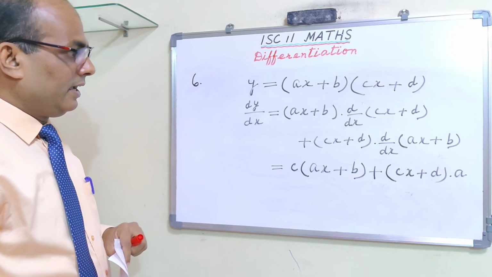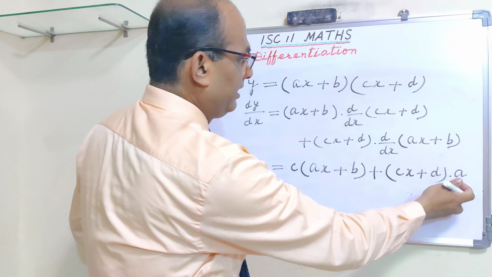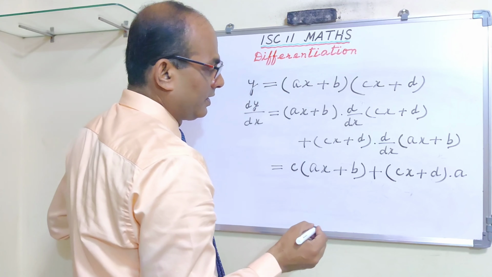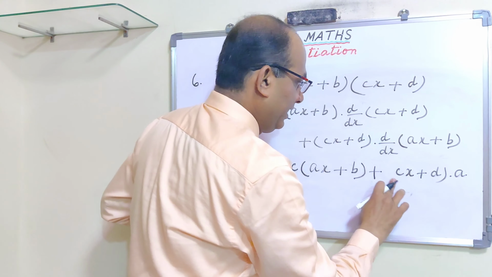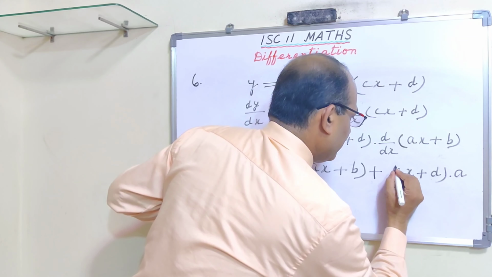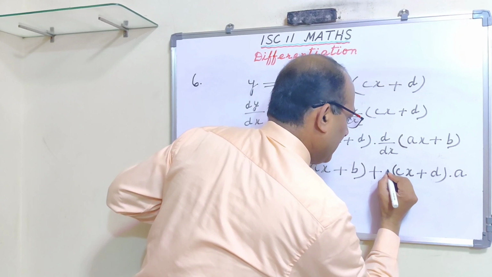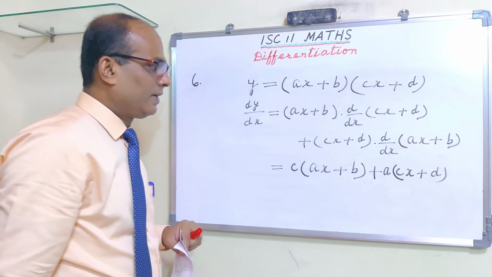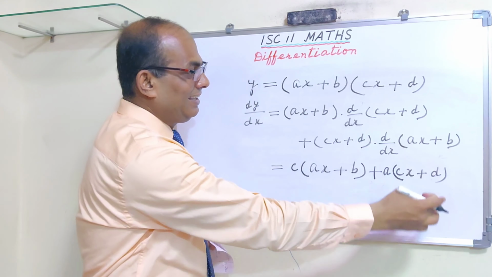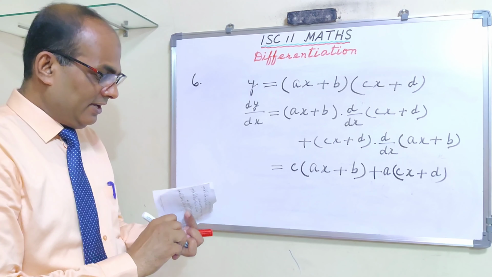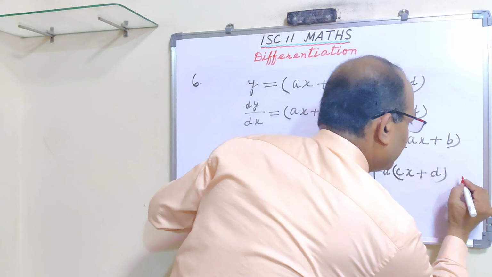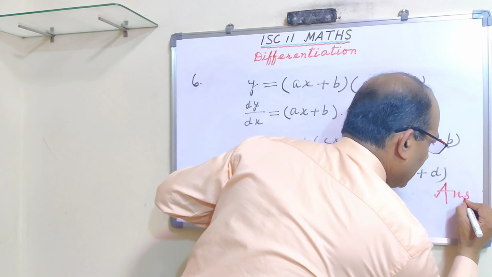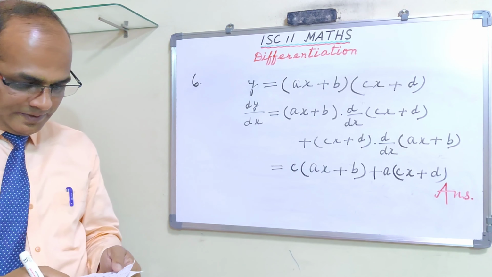That's the answer. This a you can write here. So this is equal to c(ax plus b) plus a(cx plus d), and that only will be the answer. Okay, got it? So this is the answer.